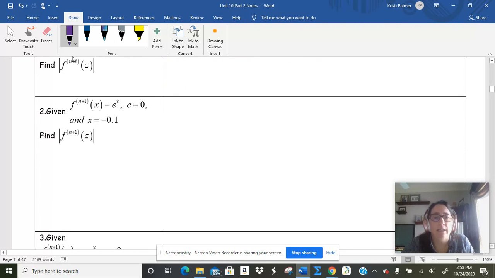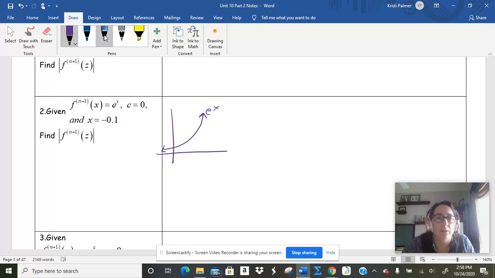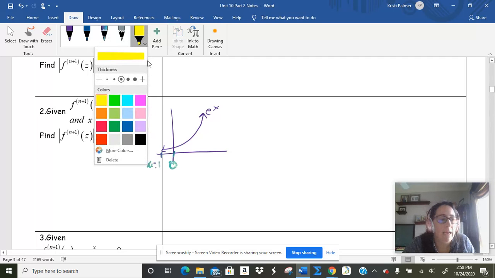Okay, so here again is my next derivative, that e to the x. And now they're saying that I am centered at 0. And the x value, though, is over here at -0.1. So now I'm looking right here.